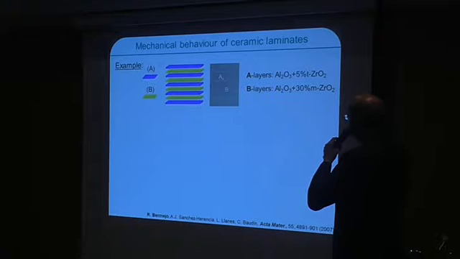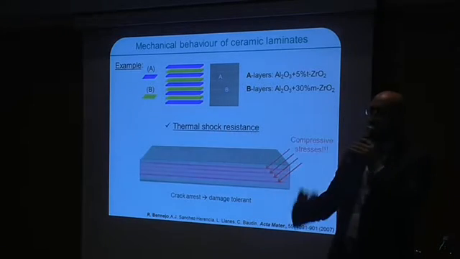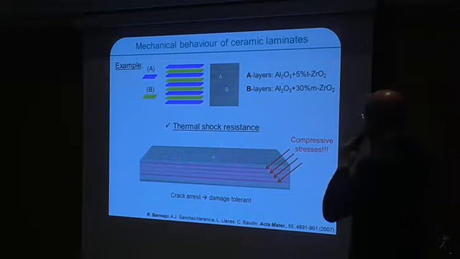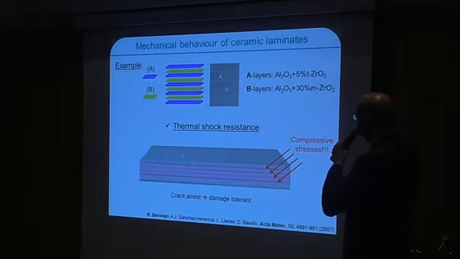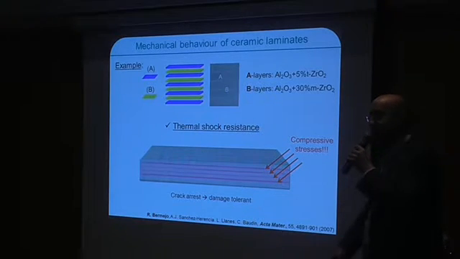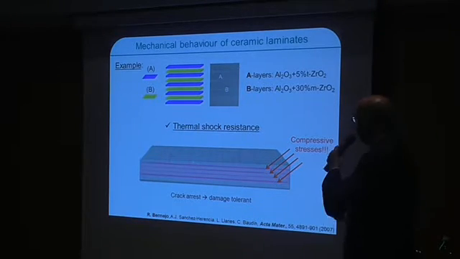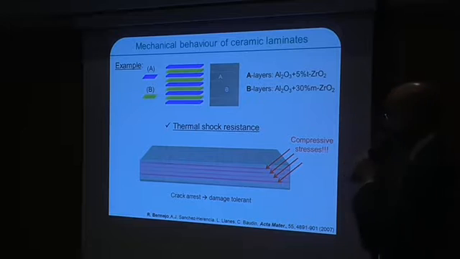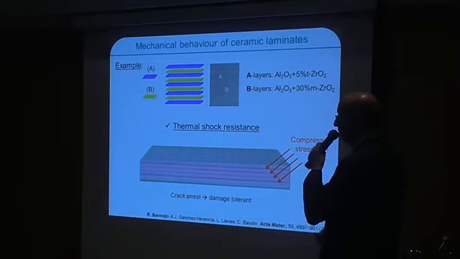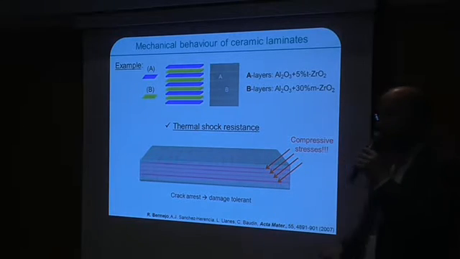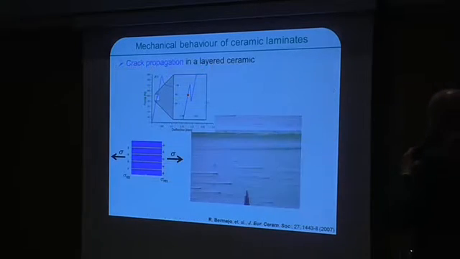You have material A, material B, and you do some thermal shock. And what you can see here is that on the top, you get very high tensile stresses, and the defects open. During thermal shock, cooling down rapidly, you open up cracks, defects on the surface. That would cause a catastrophic failure in a monolithic ceramic. But in this case, due to the compressive stresses, you get this crack arrest. So you can prevent the failure in your system.